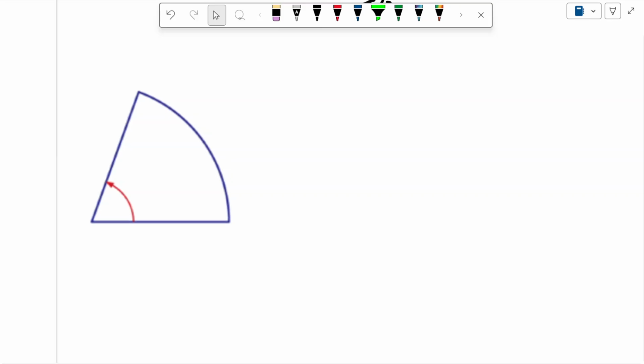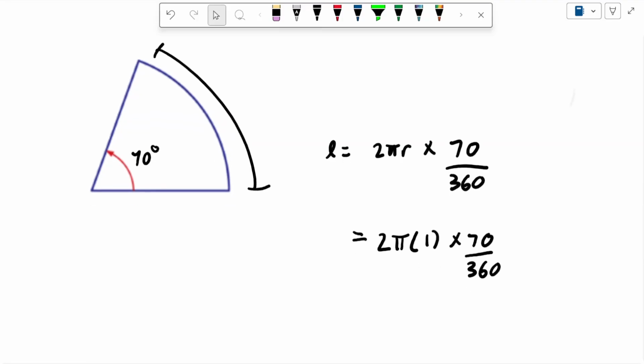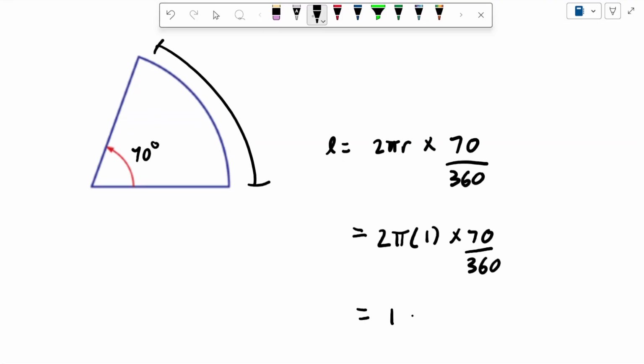Now, this one is 70 degrees here. We can also work out the total length of this in radians. So length is 2 pi r times 70 out of 360. The radius is 1, so we're going to get 140 pi on the top and 360 on the bottom.